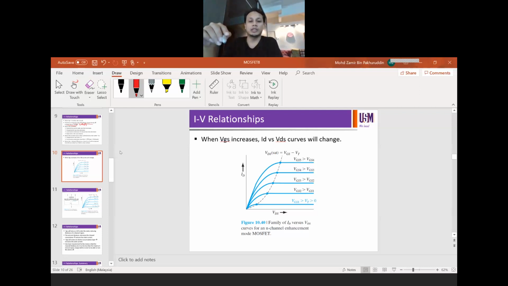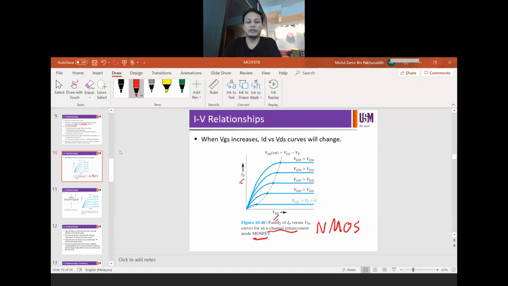So this is actually the ID-VDS curve. ID is the drain current, and this one is the drain-source voltage you apply across drain and source to generate a family of curves of the MOSFET. In this case it's an NMOS, N channel, like we drew on the whiteboard just now.